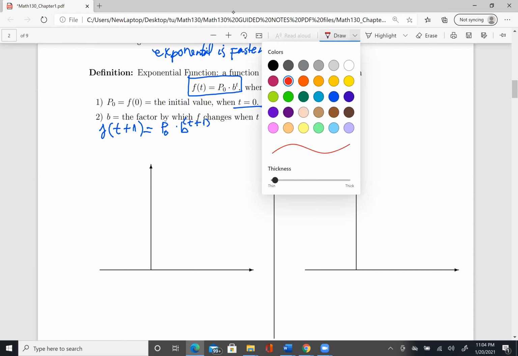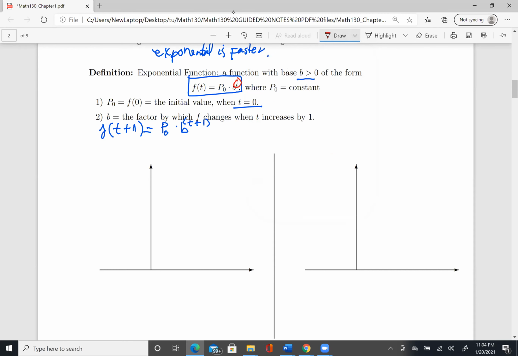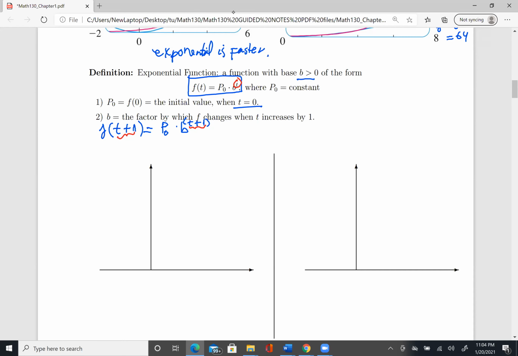This little t now changes to t plus 1. Does that make sense?